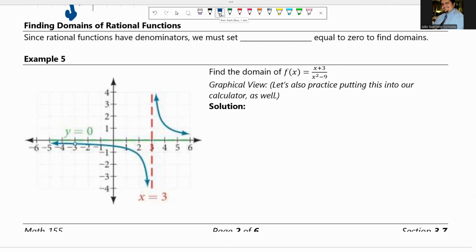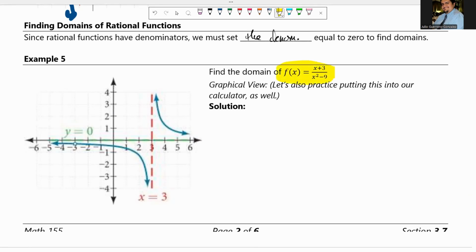So to keep us from dividing by 0, we set the denominator equal to 0 to find domains. We did this in the first section of the class, but there are some funky things that happen, and this is what I wanted to show you guys.